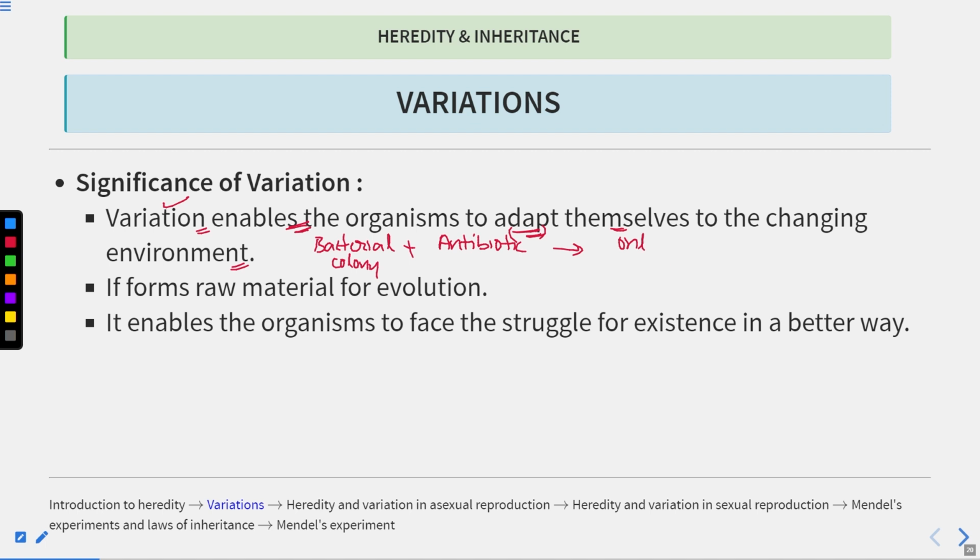Only those bacteria that have the antibiotic resistant trait, or antibiotic resistant gene, will survive. Clear?